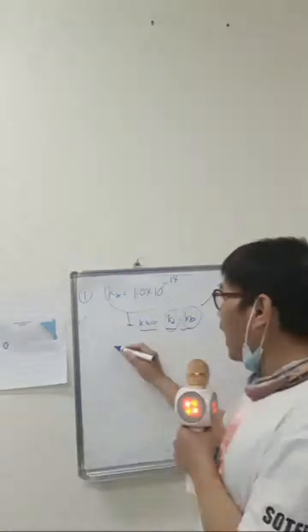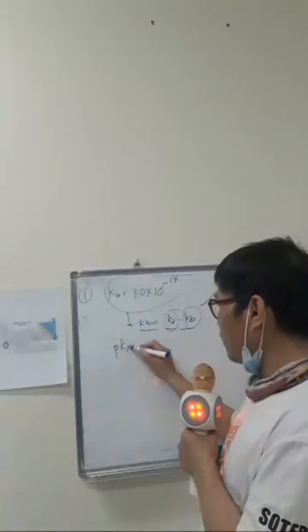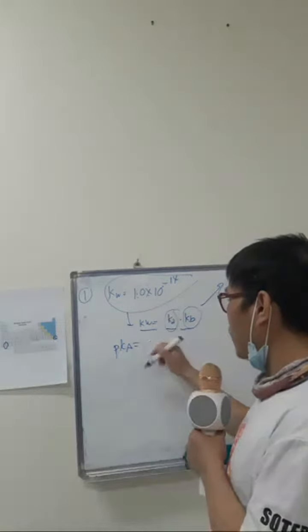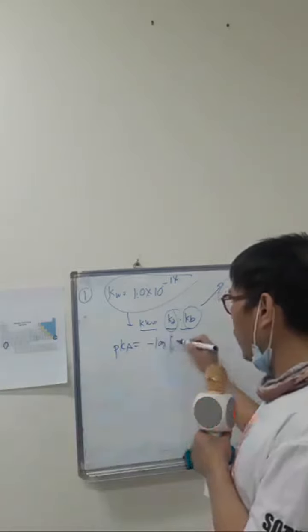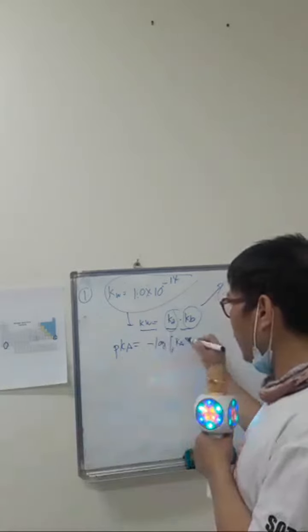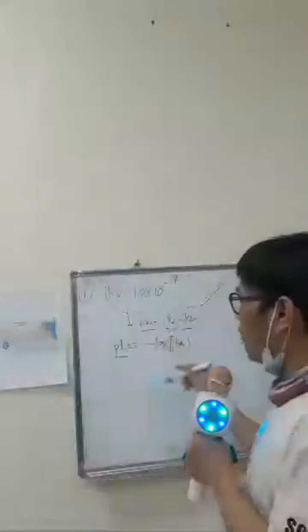The pKa, mga palangga, is the negative logarithm of the equilibrium constant of an acid.